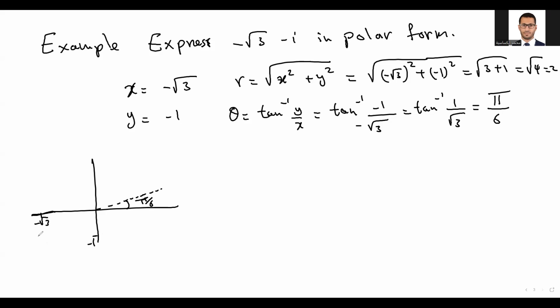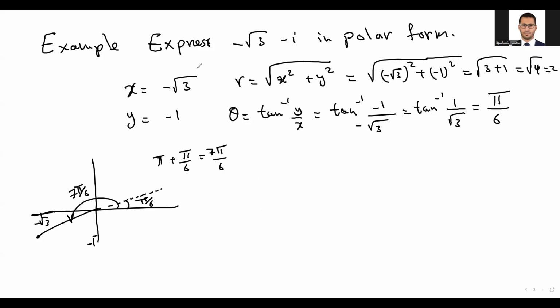So the point is in the third quadrant. Since tan is pi periodic, this is pi over 6, and we add pi, which gives pi plus pi over 6, which equals 7 pi over 6.